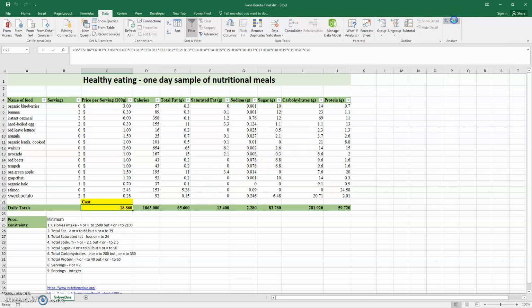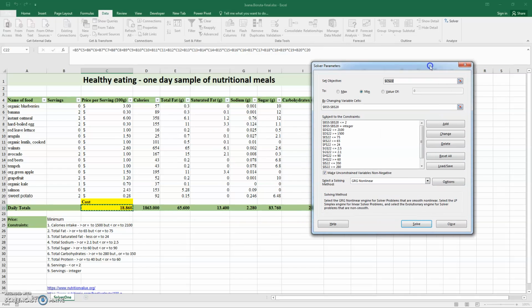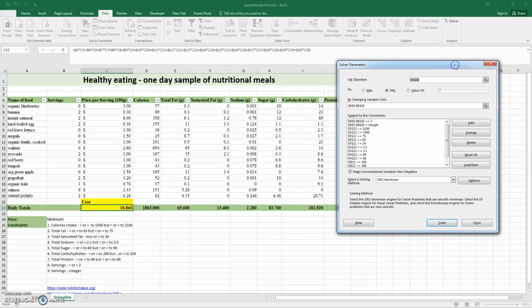I used Solver, and I set up the objective cell, because you have to have an objective cell and you have to have variable cells. Basically, in the objective cell you create a formula, and that formula has a value that needs to be either maximized or minimized, or it can be set to a specific value.